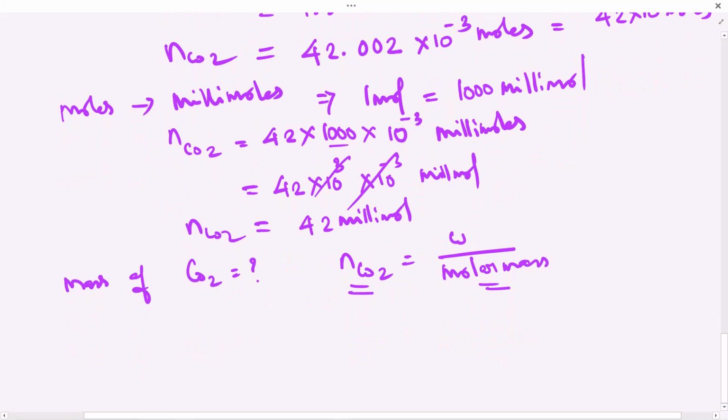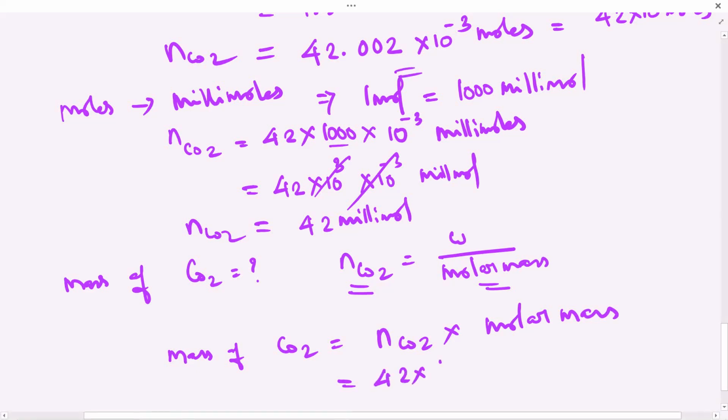Substitute this in this equation. So actually the mass of CO2 is equal to number of moles of CO2 into molar mass. Right? We had found out the number of moles of CO2, that is 42 into 10 to the power of minus 3 moles, into molar mass.